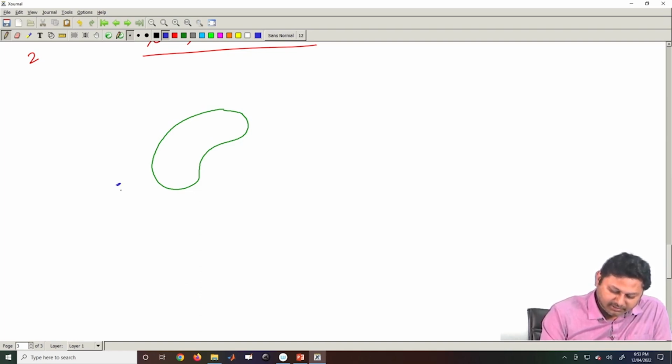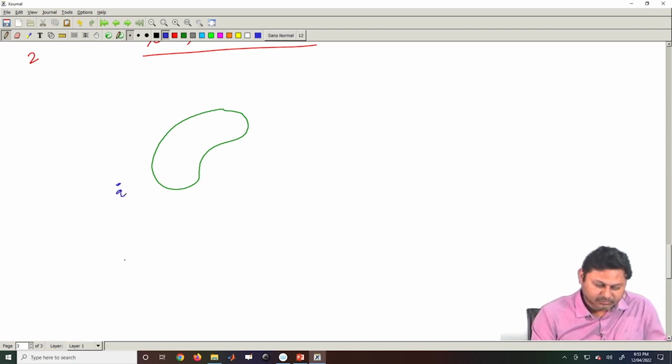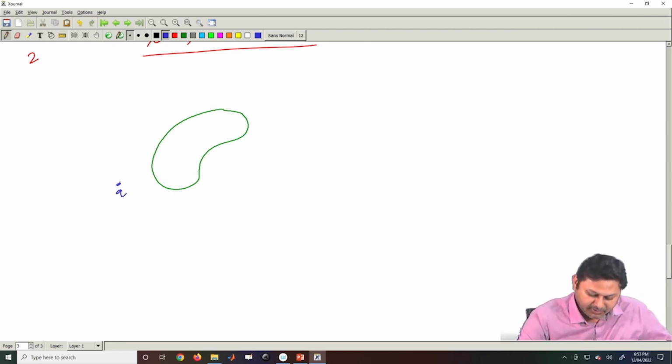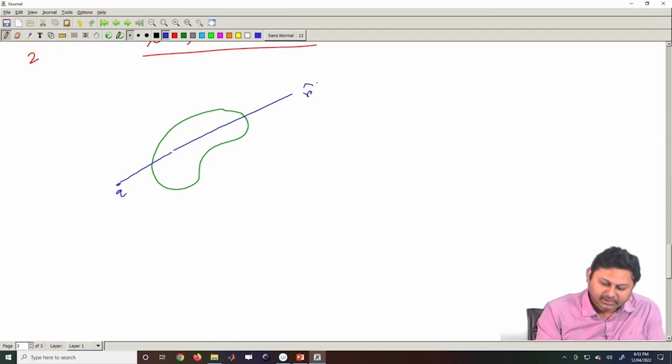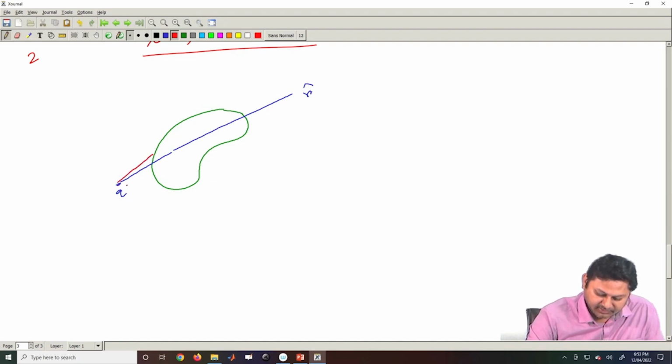So, this is my charge q, okay? And if I draw a line here, this is the r vector I am drawing, this is my unit vector r, and then what solid angle is it subtending for this surface?